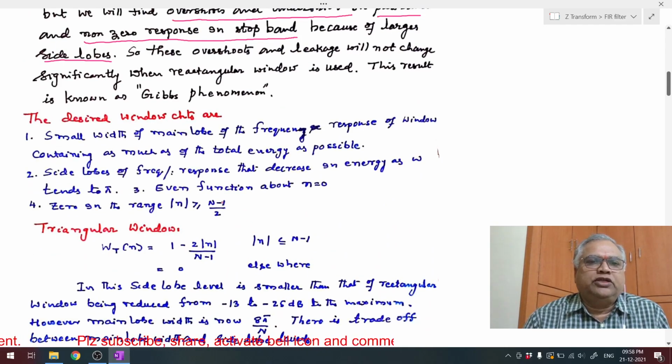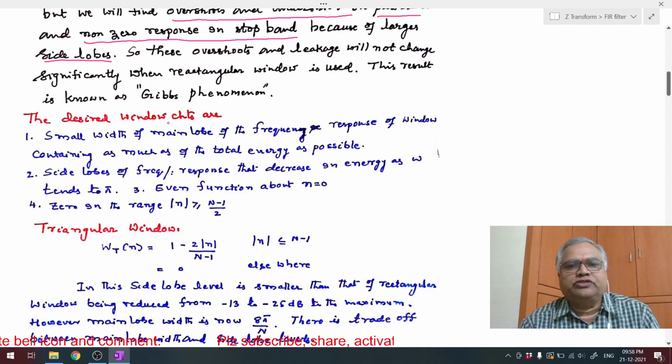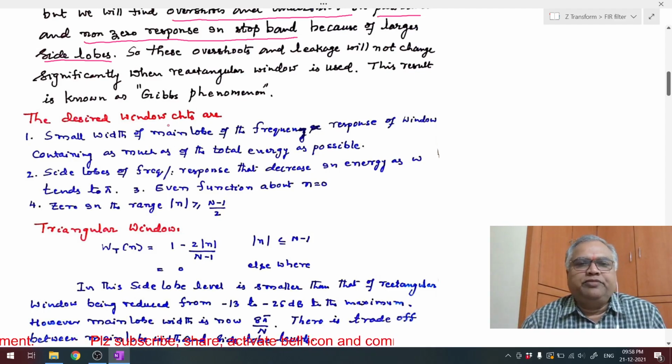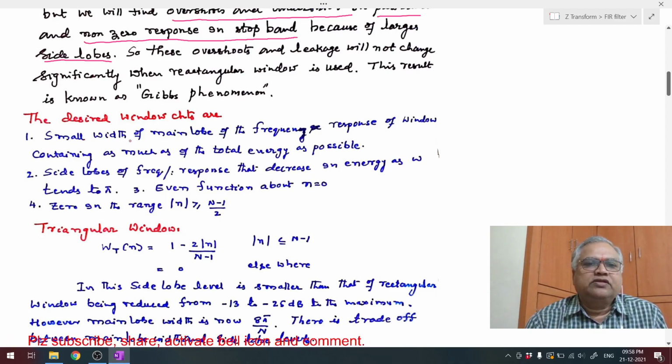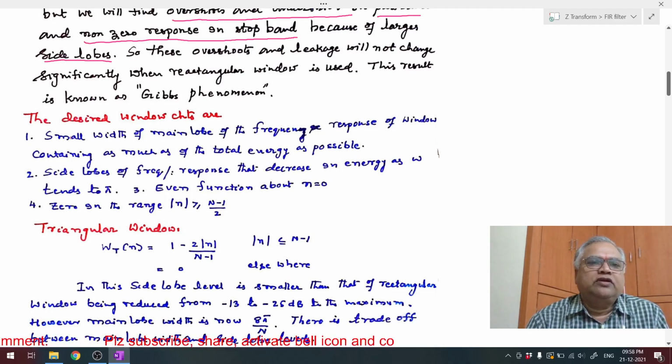Okay. Next, desired window characteristics. When you select any window, what are the basic characteristics? Smaller width of main lobe of the frequency response of the window, containing as much of the total energy as possible.